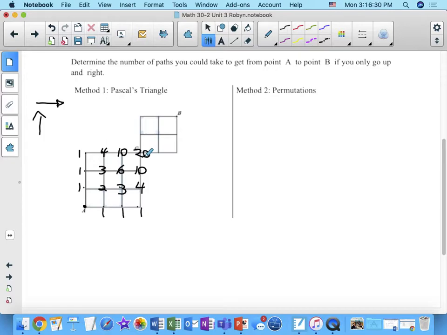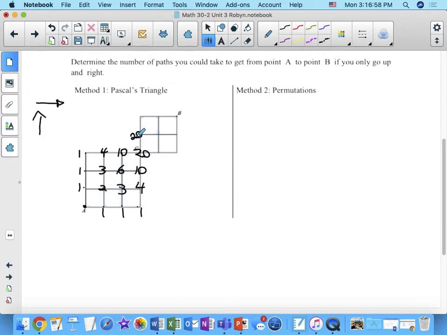If it's an and, what do we do to the total number of possibilities? Do we add them? Multiply, yes. So if there's 1 way to get from here to here, but there's 20 ways to get to here, 20 times 1 is 20. There's also going to be 20 ways to get to there, because I could have come from any of these different paths to get to here.